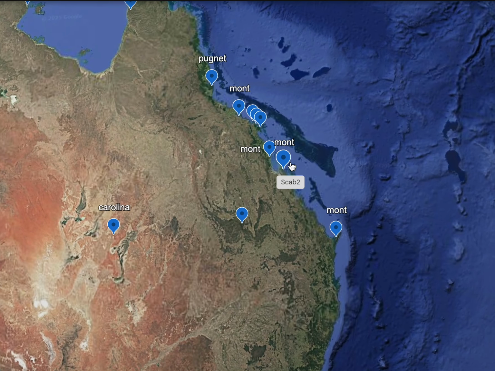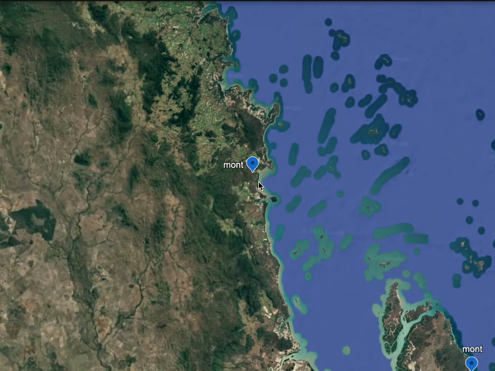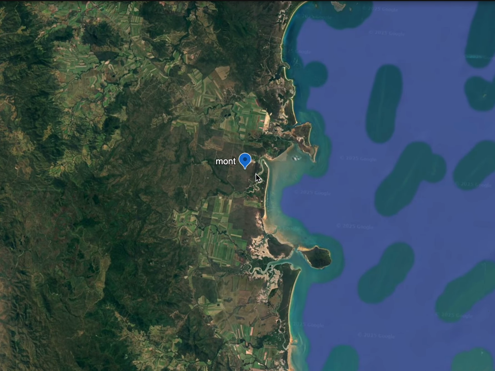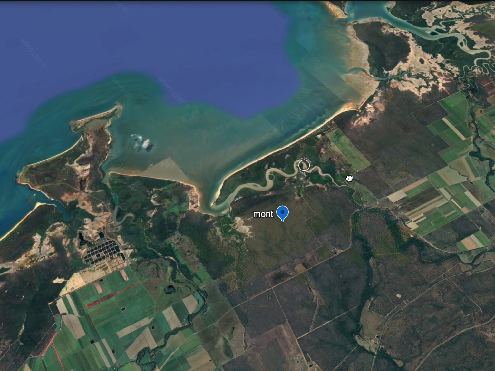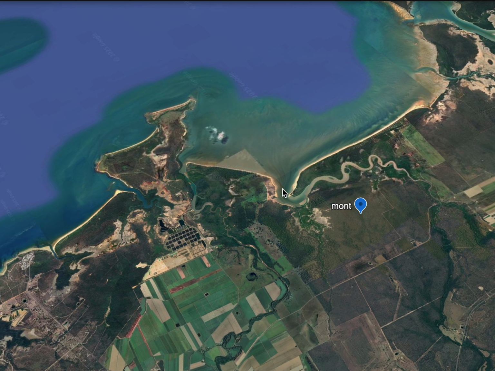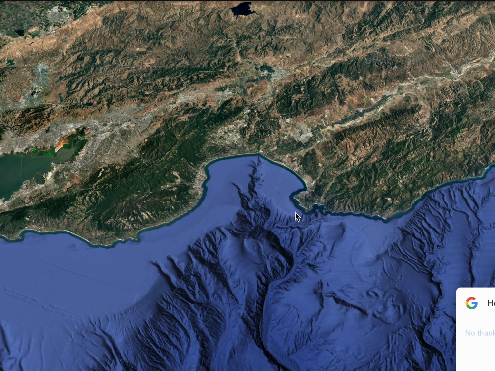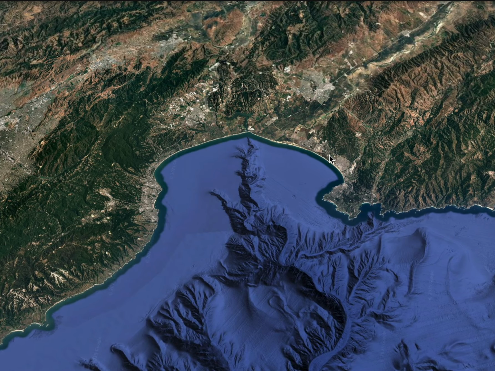And so let's start right about here. So I have these labeled as Mont because that's short for the Monterey Canyon in California. And you see how there's a central river and then two straight edges at angles from this river here. That's exactly what we see as the Monterey Bay.